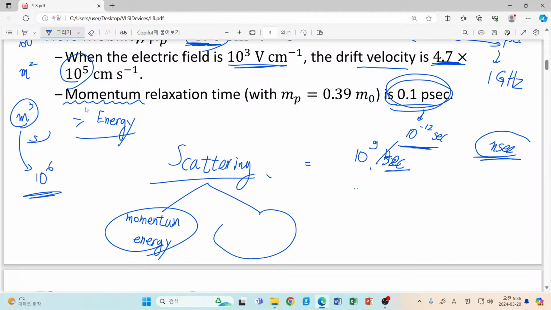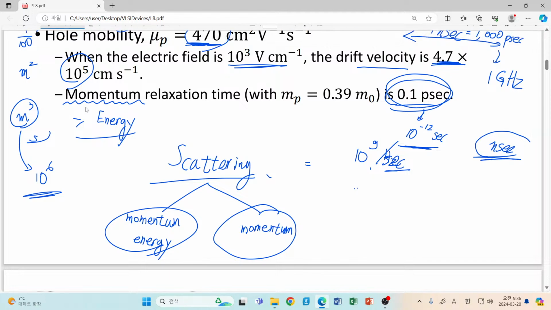We may think of another one, in which case our electron or hole loses its momentum, however energy is not lost at all.